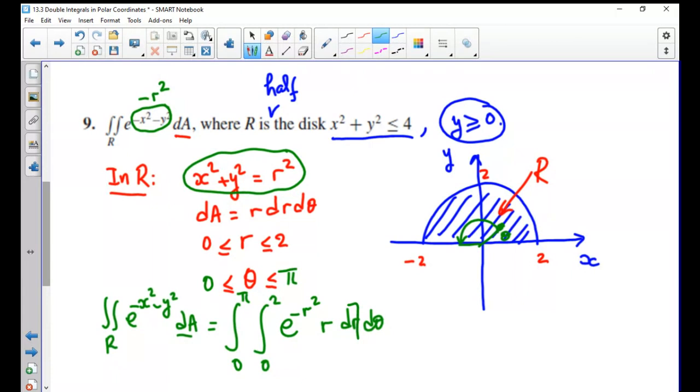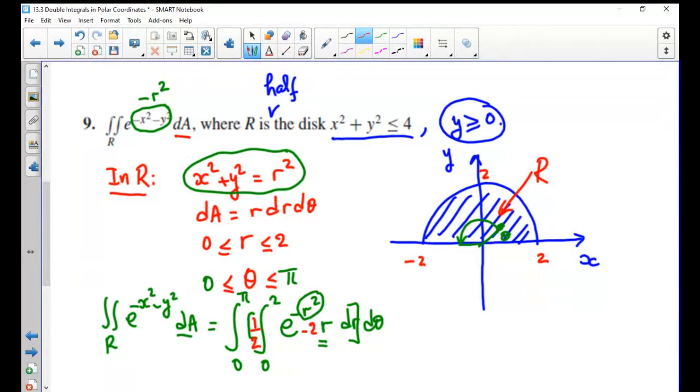Okay, now I can integrate this part by doing, what is the derivative of this? 2r. It's almost this. So I can put 2 there and a half.